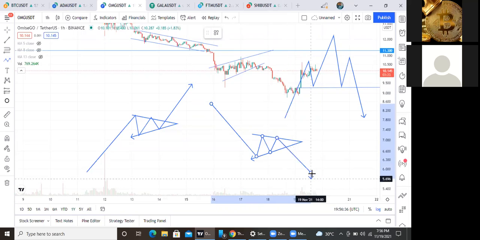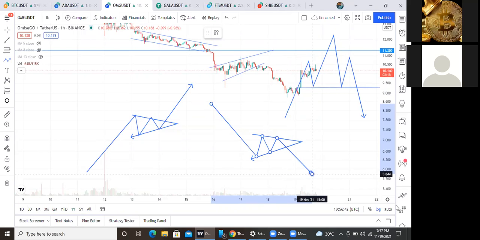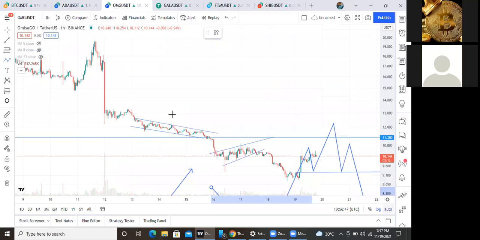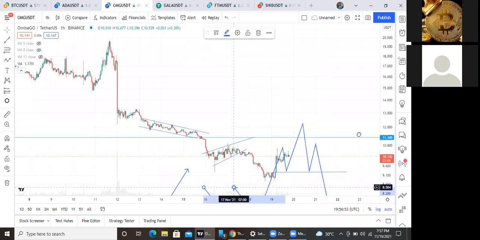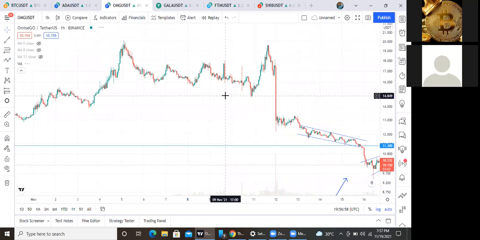Most times you can find it hard to differentiate between a symmetrical triangle and a pennant, as they have a lot of similarities. But all the same, let's see if we can find a symmetrical triangle whose trend lines meet each other, which we can call our pennant pattern.